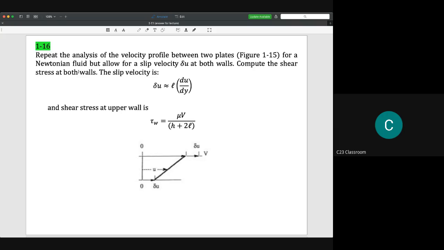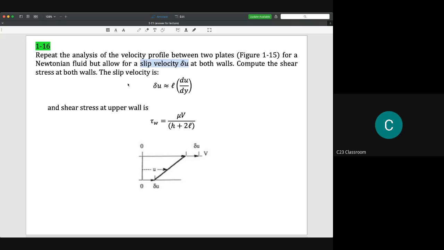Question 1.16: repeat the analysis of the velocity profile between two plates, figure 1.15, for a Newtonian fluid, but allow for a slip velocity delta U at both walls. Compute the shear stress at both walls. The slip velocity can be assumed as this one.